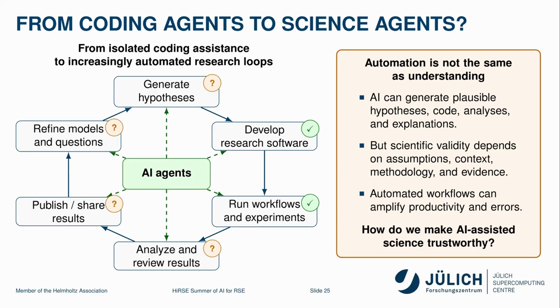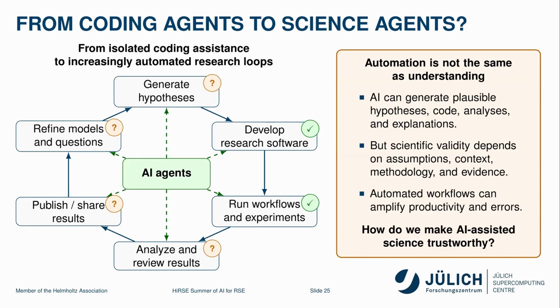We would develop the research software for that. Then we would run our workflows and experiments. We would analyze and review the results. We would publish or share the results. We would refine our models and questions, and then from this we would generate new hypotheses, and the loop continues.